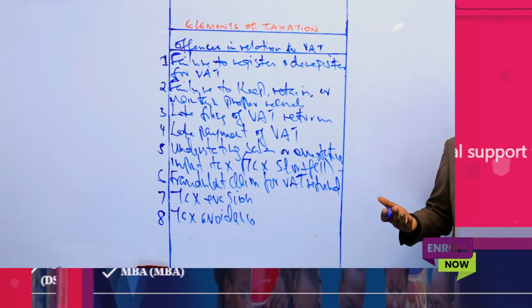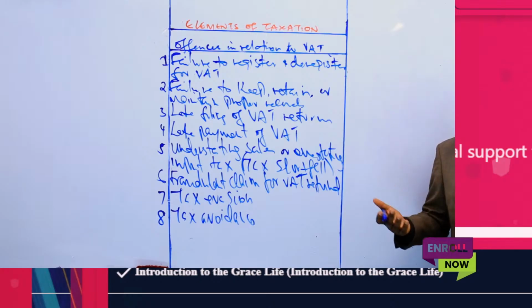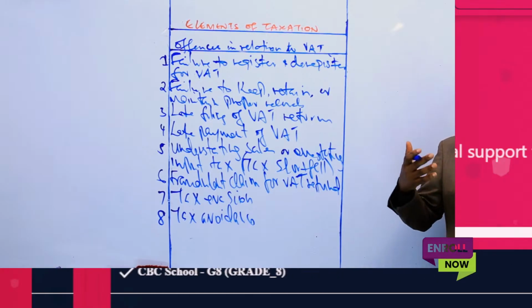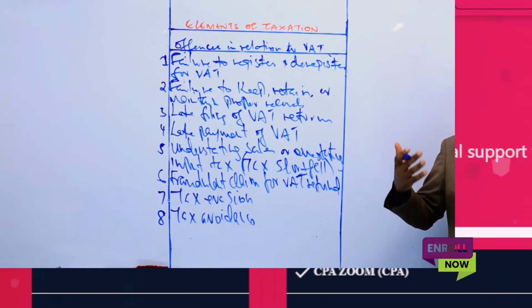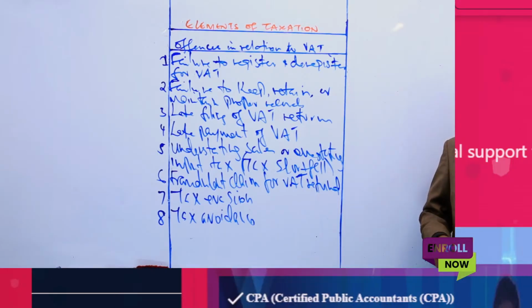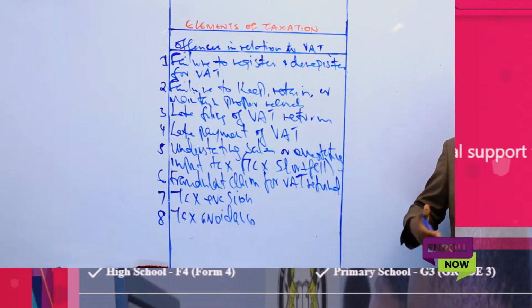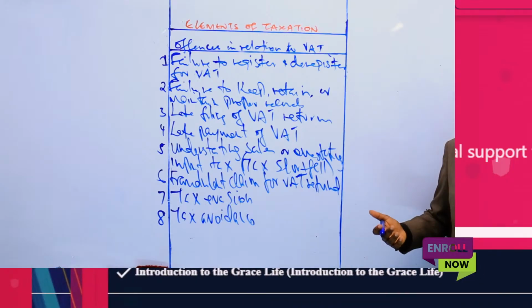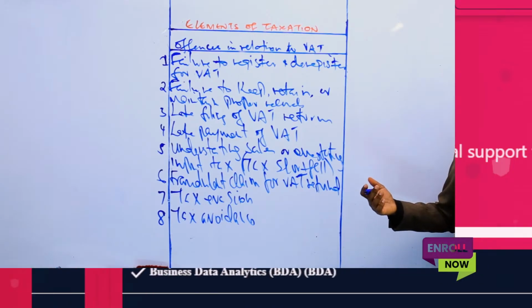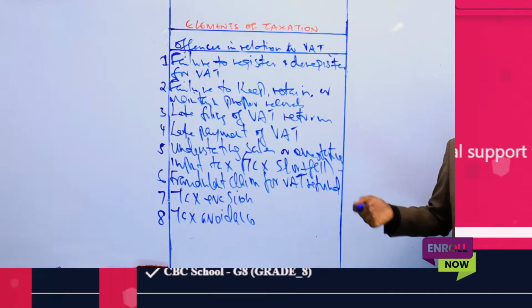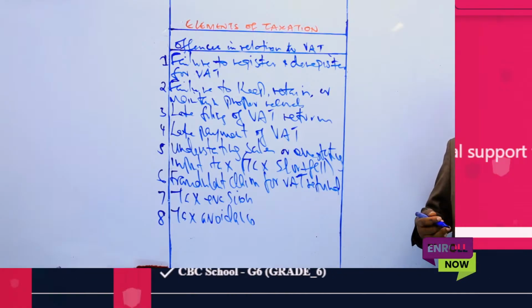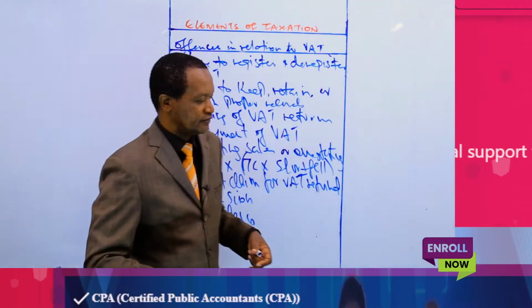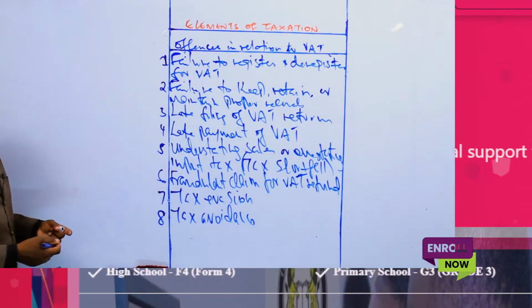And KRA can invoke general anti-avoidance rules if a transaction's primary purpose is to avoid tax. And just like evasion, the penalty is 200% of the amount of tax that would have been avoided. So that would be the penalty for tax avoidance.